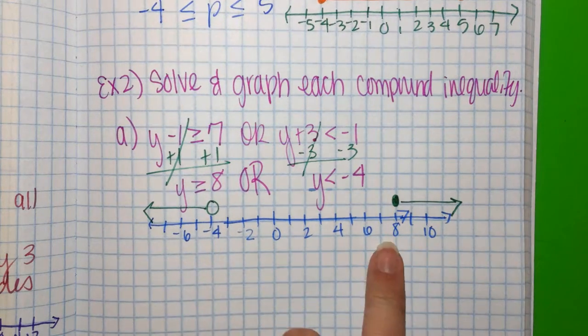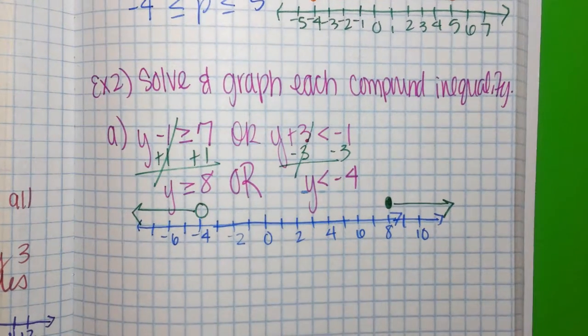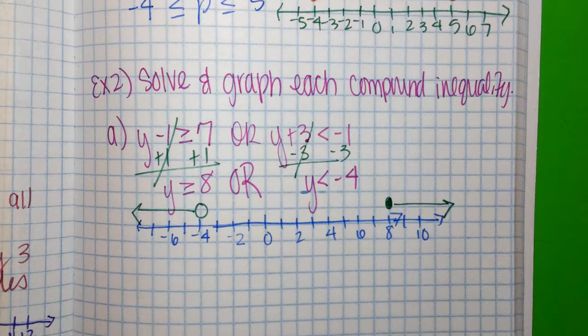No. 9 works. Awesome. What's another one? 10. Tell me one on the negative side. Negative 10. Negative 9. Fantastic. All right, let's do another one.